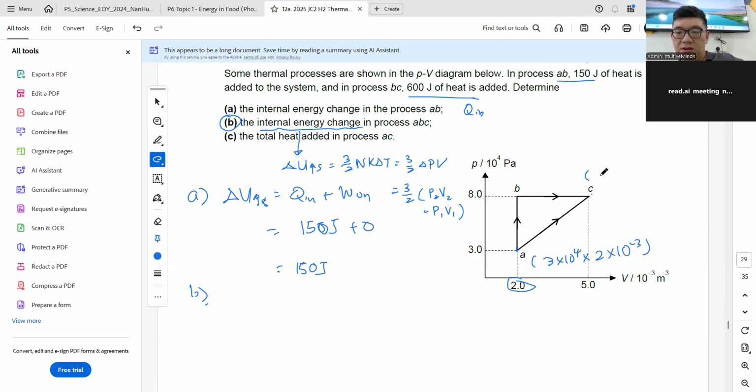And this is 8 times 10 to the power 4 times 5 times 10 to the power minus 3. So I'm taking this and this and this and this.